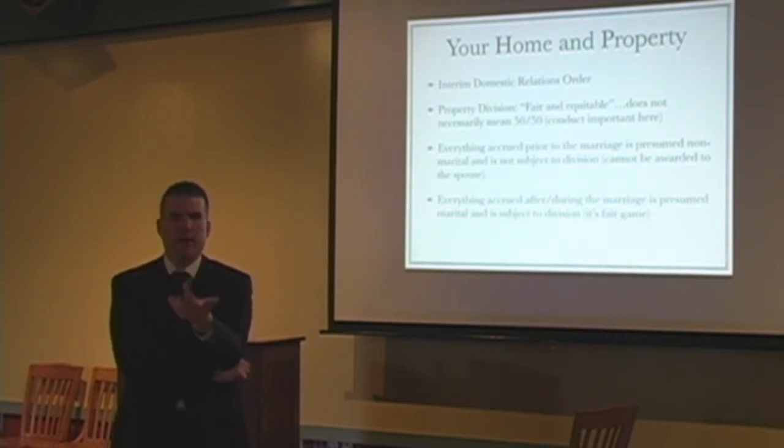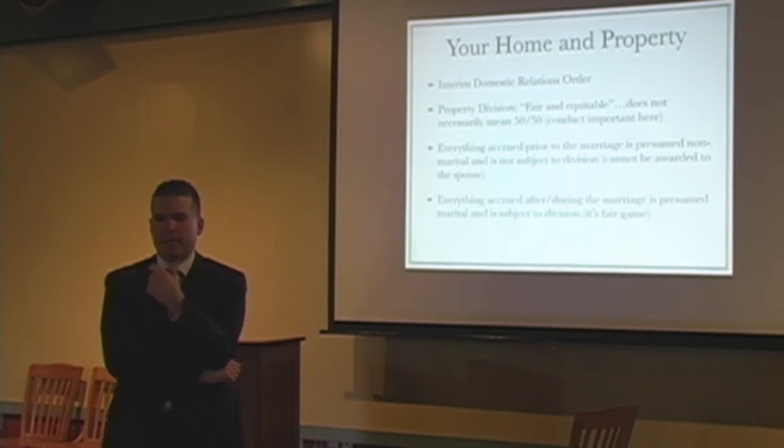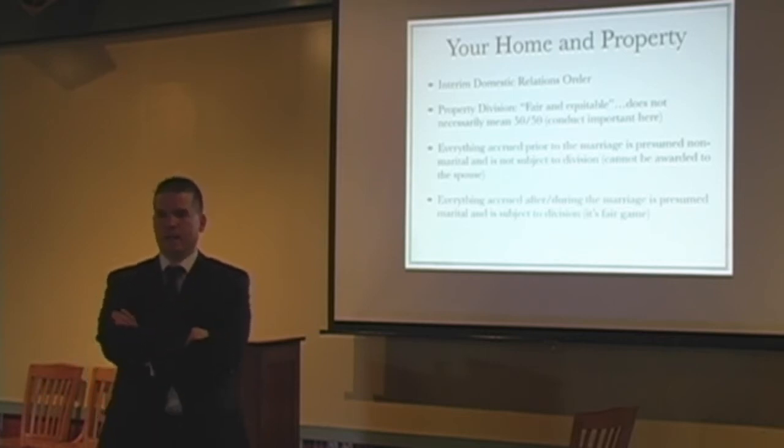So assume that you file a petition for dissolution of marriage and you have a house, you have cars, you have children. When the divorce case is filed, the interim domestic relations order goes out with the summons that gets served, which is physically handed to the other side.